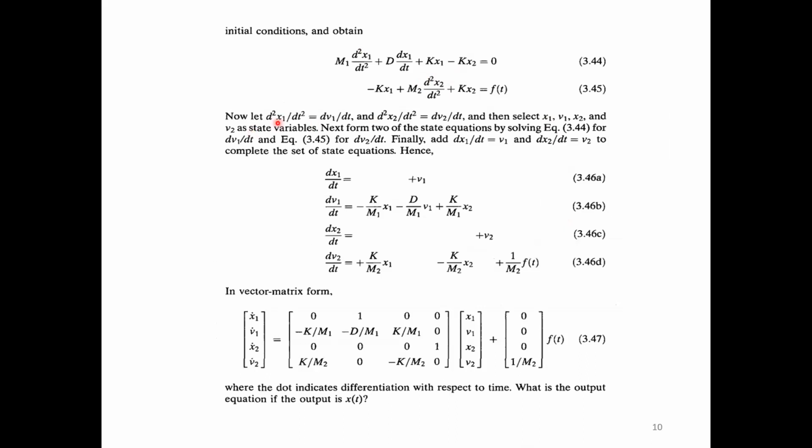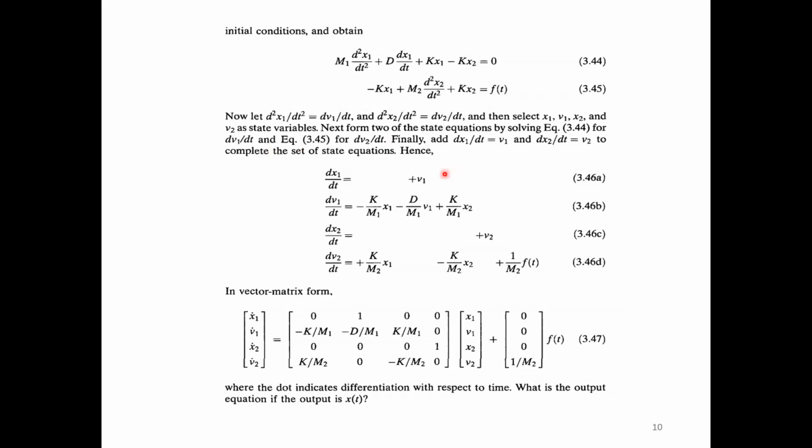Now d square x1 dt square is equal to dv1 dt, and the double derivative of x2 is dv2 dt. So x1, v1, x2 and v2 are the state variables, and we need dv1 dt and dv2 dt. So first of all, add dx1 dt to the complete set of equations.